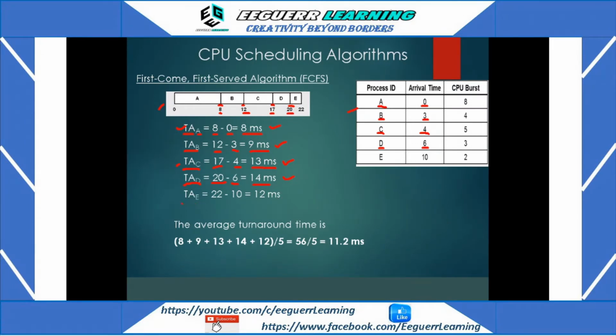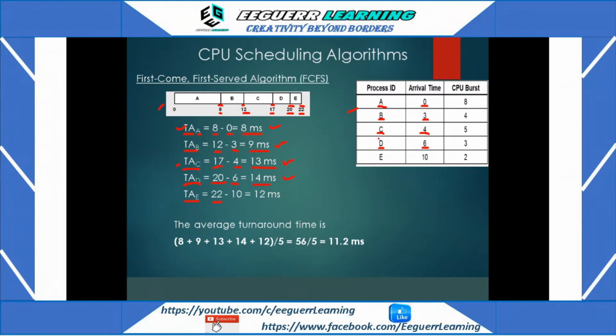Okay, we're going to move to our last process for the turnaround time, letter E, or the process E. So we're going to look at the Gantt chart again and the end part of our process E, which is this one, and the value is 22, and place it here, 22.